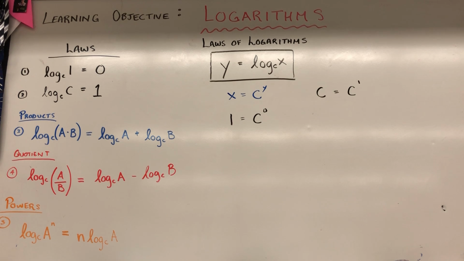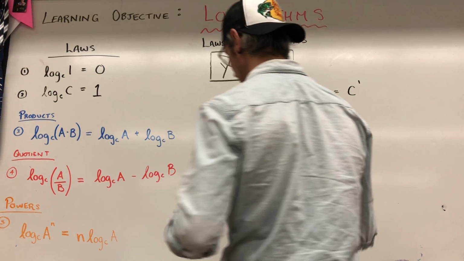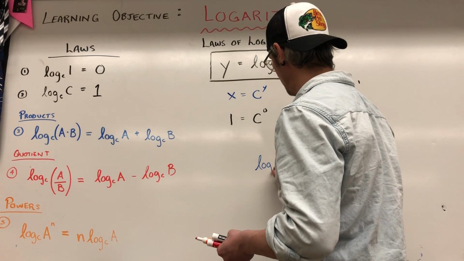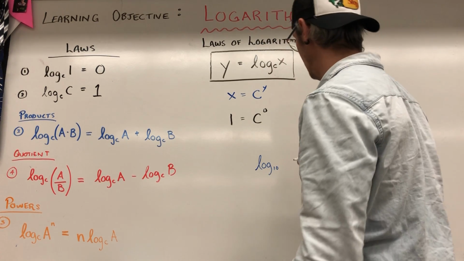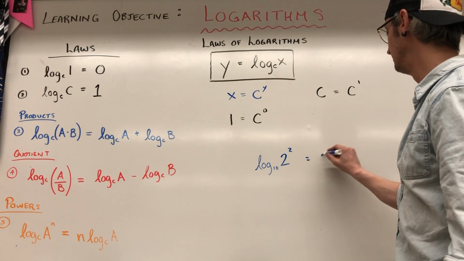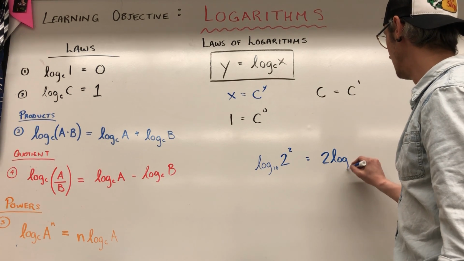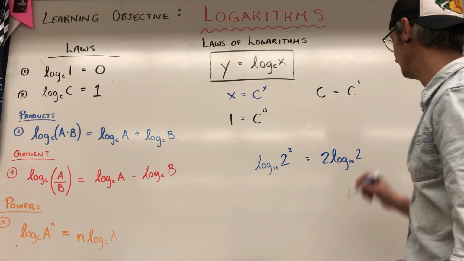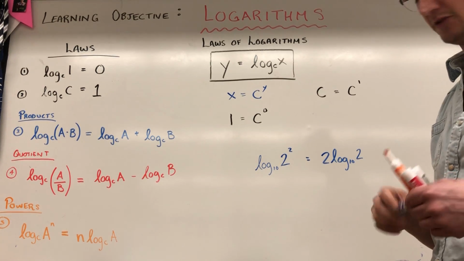Okay? That's it. So if I had log base 10 of 2 squared, I could rewrite that as 2 times log base 10 of 2. Okay, those are the laws.